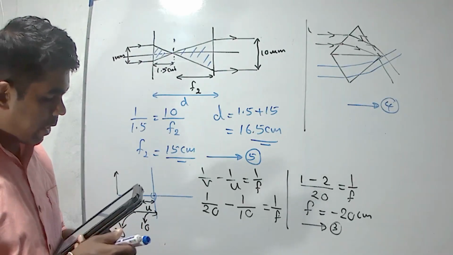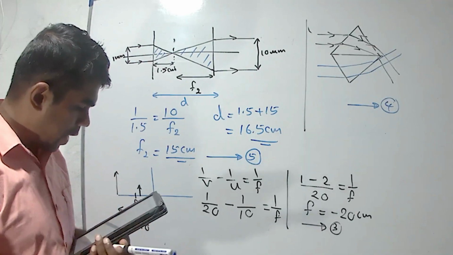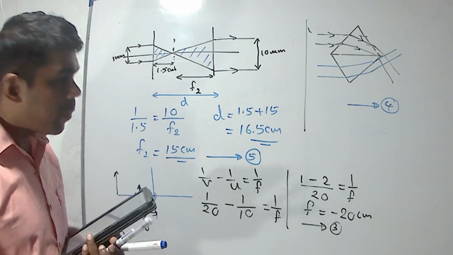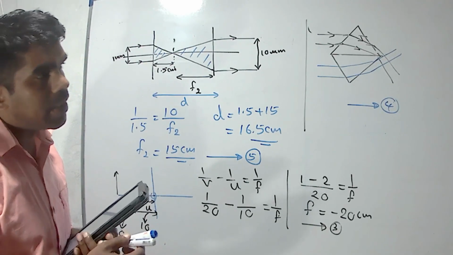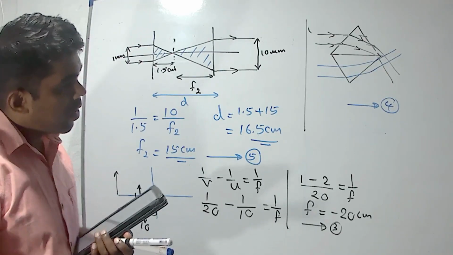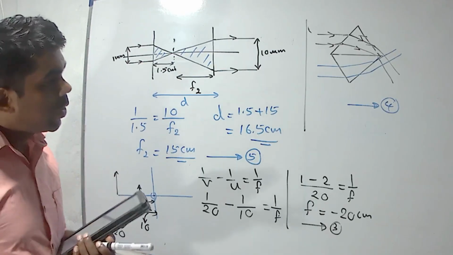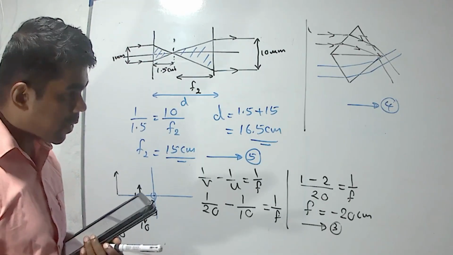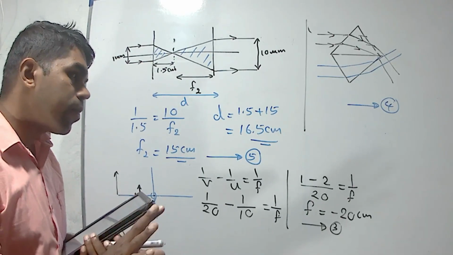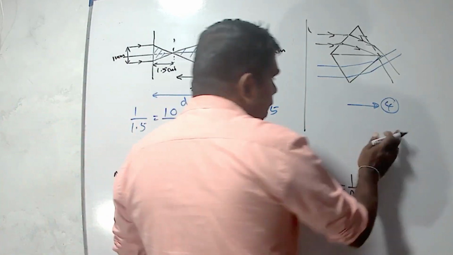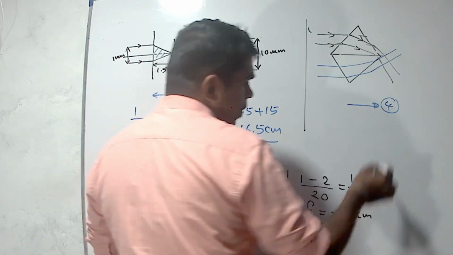We know that when using a convex lens, we can obtain real images when U is greater than F. U means object distance. Object distance should be greater than focal length.